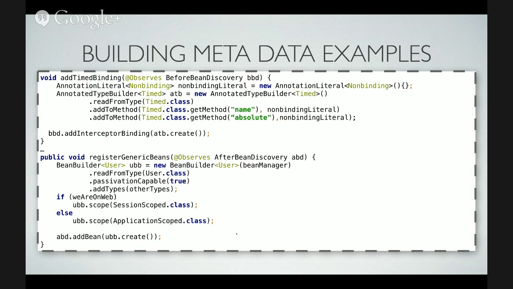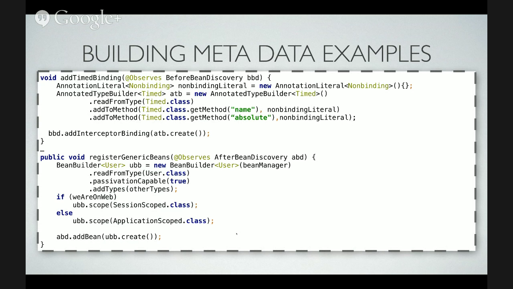The second example shows how easy it is to create a new bean. So the registerGenericBean observes the AfterBeanDiscovery event of the CDI lifecycle. We use the BeanBuilder helper from DeltaSpike.